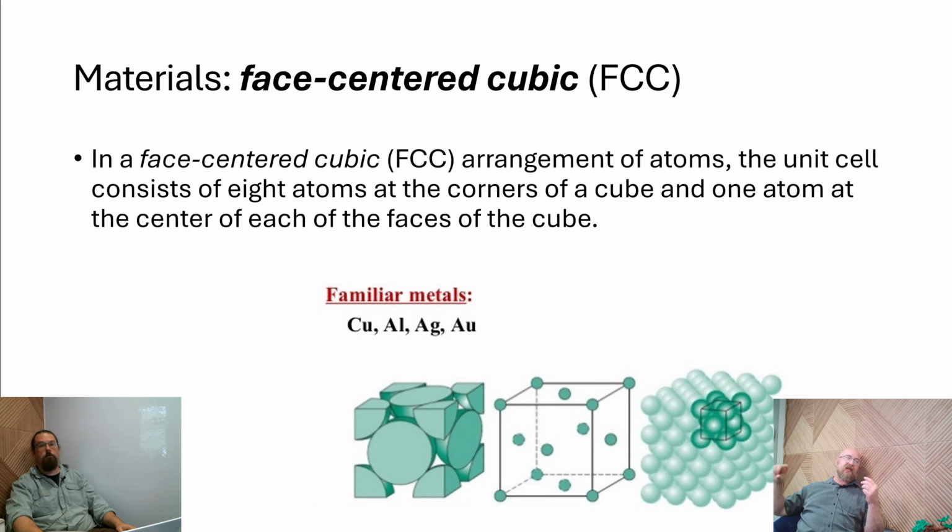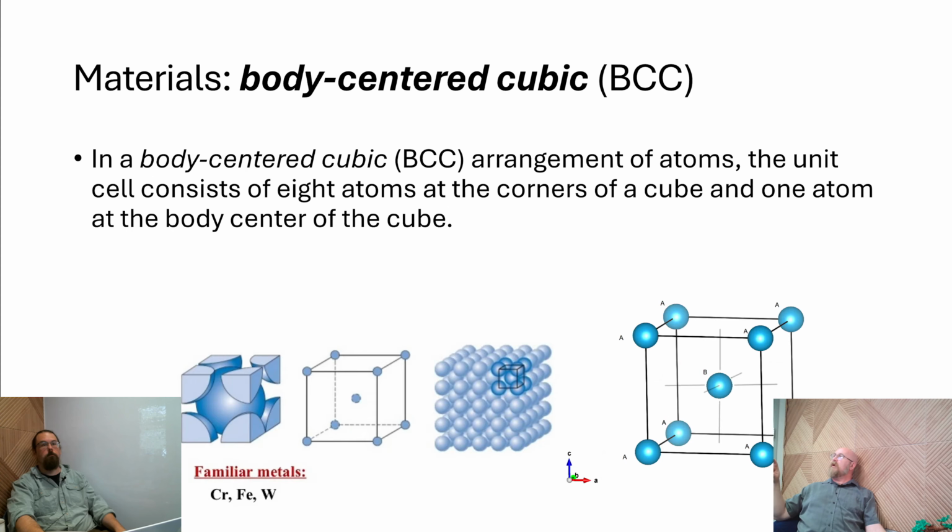Although these are drawn the same, they're not drawn to scale, because there are materials capable of being both face-centered and body-centered. If we go back to the previous slide, you'll notice we put down chromium, iron, and tungsten.